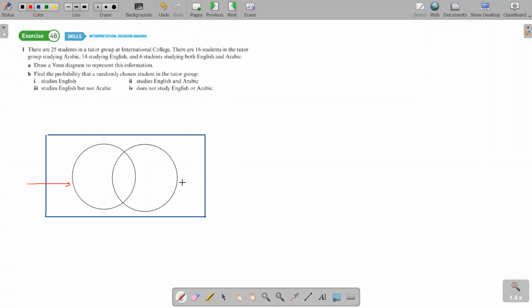So let's name the circles. The first one is studying Arabic, and the next one is studying English.